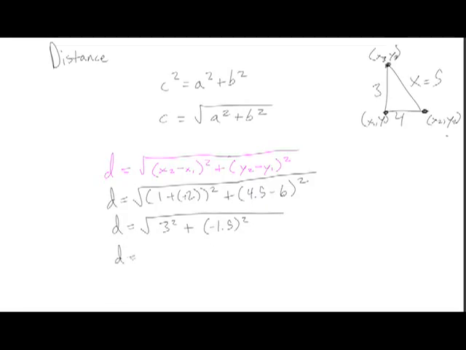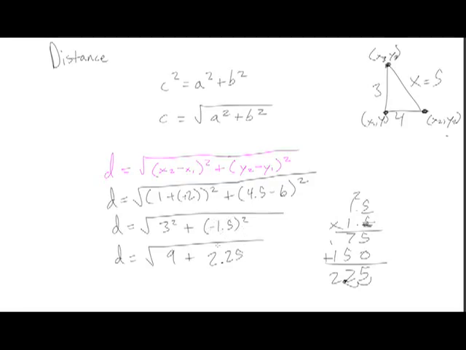So the distance is equal to the square root of 9 plus 1.5 times 1.5. That's 225, and there are 2 decimal spots, so I move it over twice, and that's 2.25. Now I add this together, and the distance is equal to the square root of 11.25.